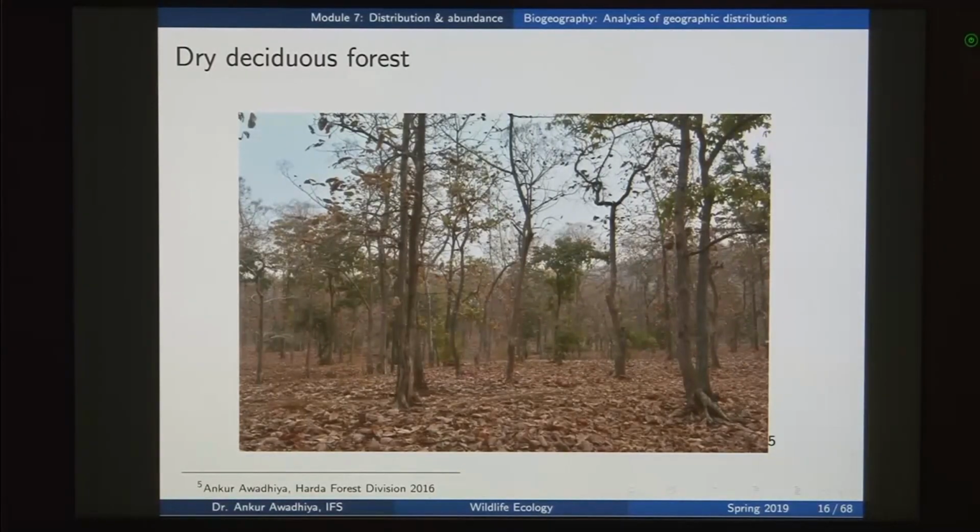Teak forest is something that you will find extensively in Madhya Pradesh, Chhattisgarh, Maharashtra, Gujarat. And in the case of teak forest, these forests shed their leaves right before the summer season, so that they are able to conserve moisture, and they are found in these areas because they are able to tolerate quite a heavy amount of drought.